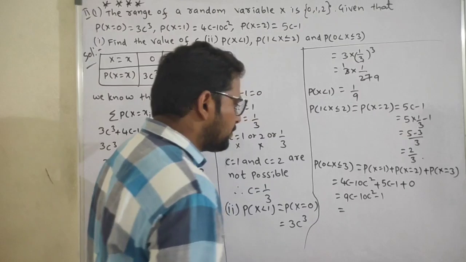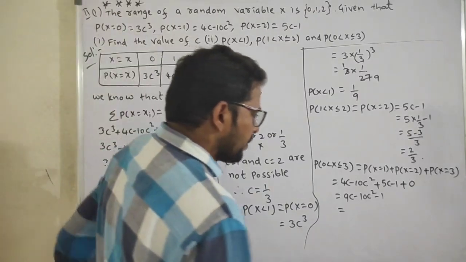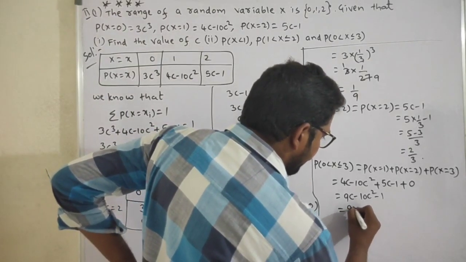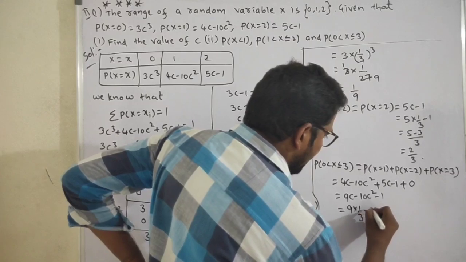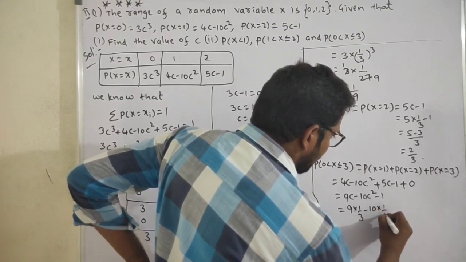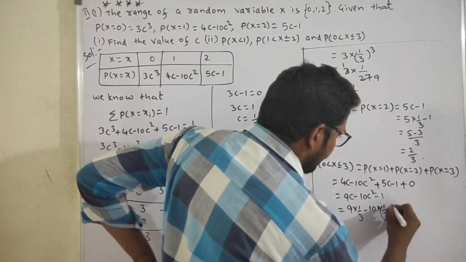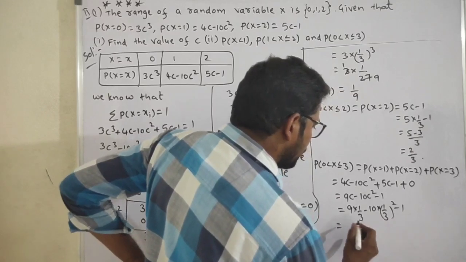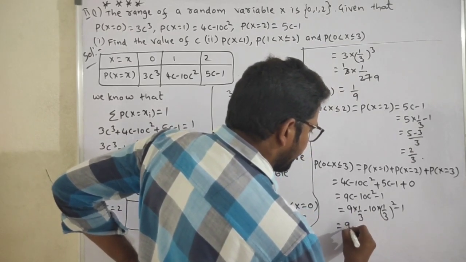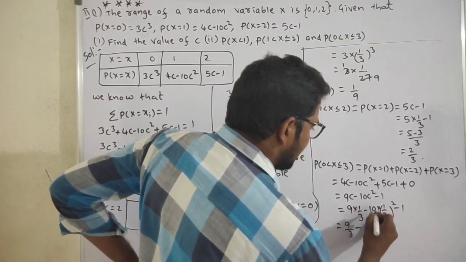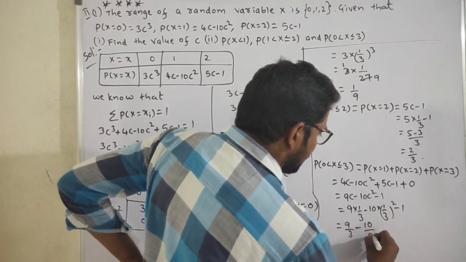So substitute c value, c is equal to 1 by 3. So 9 into 1 by 3 minus 10 into 1 by 3 whole square minus 1, is equal to 9 ones are 9 by 3 minus 10 into 3 square, that is 9, minus 1.